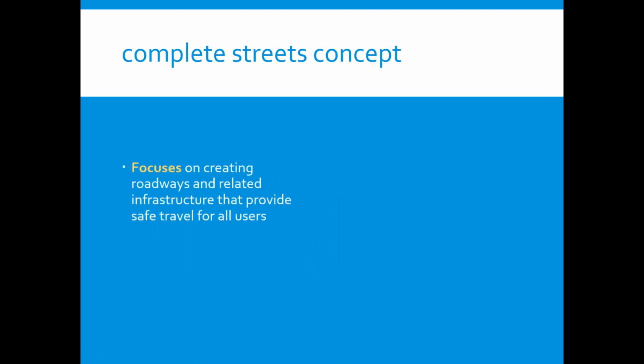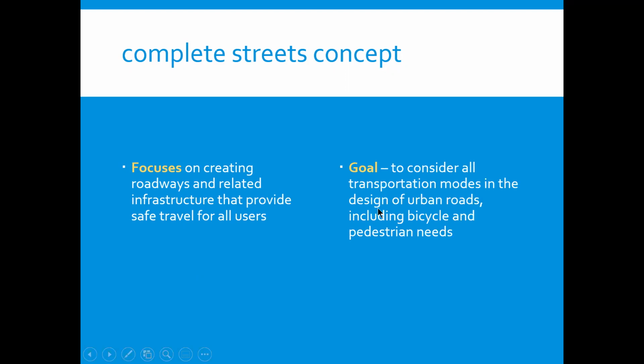So what is this complete street concept approach? It focuses on creating a roadway and related infrastructure that provides safe travel for all users. The goal is to consider all transportation modes in the design of urban roads, including bicycle and pedestrian needs.